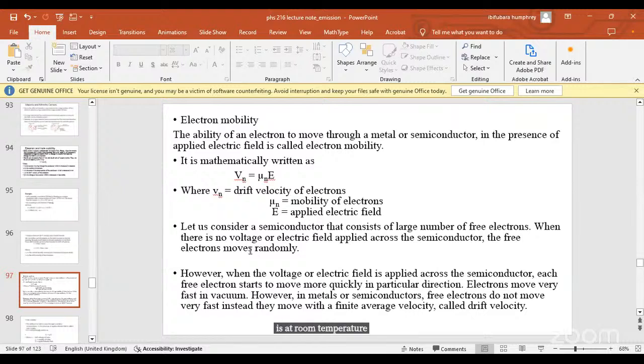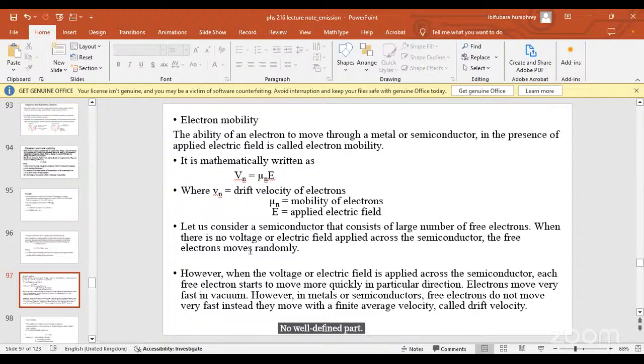The charge carriers within the semiconductor are moving on their own. But without application of an electric field, they will move randomly. There will be no well-defined path.